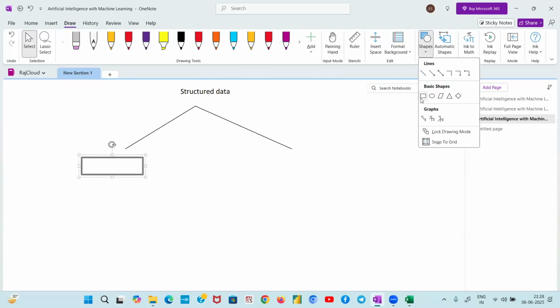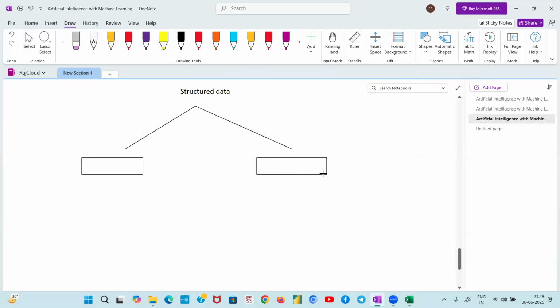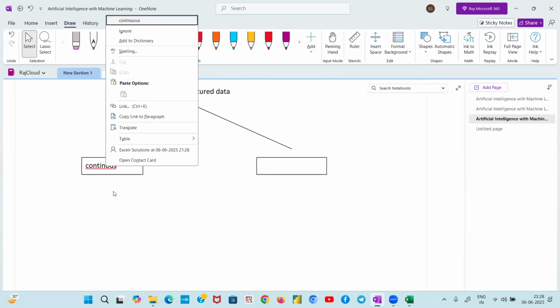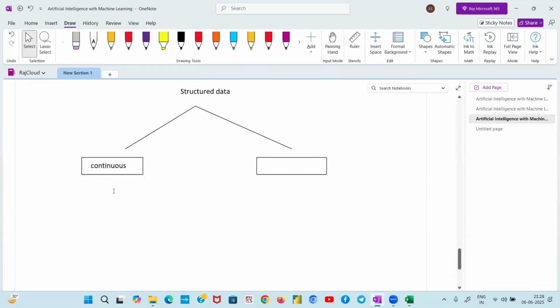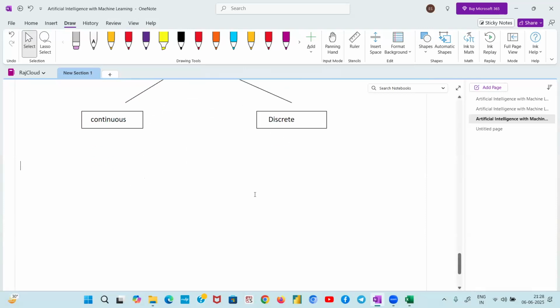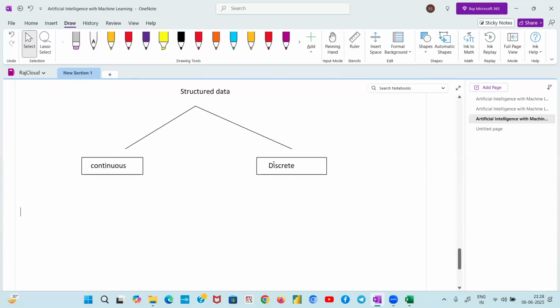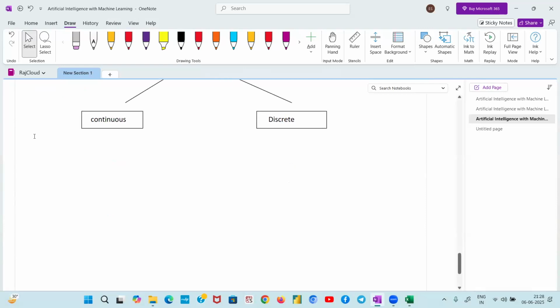One is continuous and the other is discrete. Under the structured data, there are two varieties: continuous and discrete. So what is continuous and what is discrete?